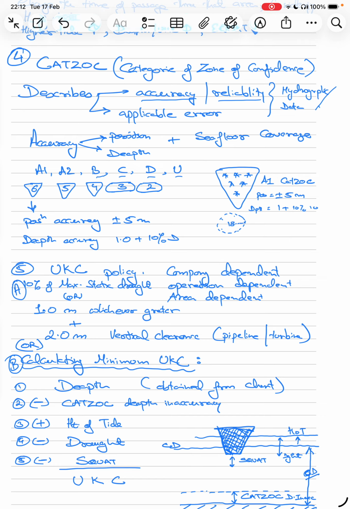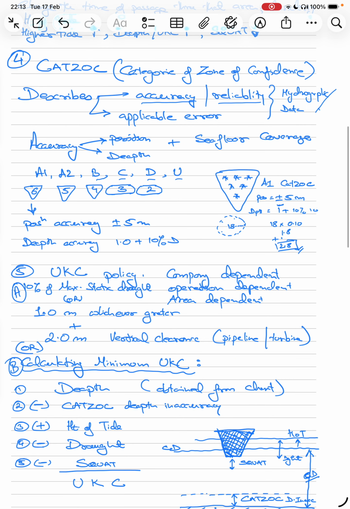And secondly, for the depth, it is given 1 meter plus 10%. So it is given 18 meters, into 10%, 0.10 will be what? 1.8, plus this 1 meter, that is equal to 2.8.